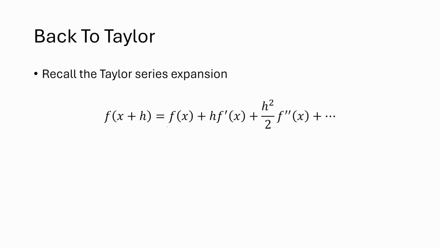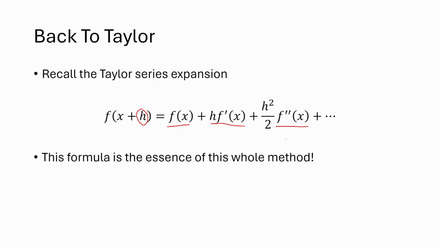Then what we do is we say, okay, here's the value of the function at my current location, and I'm going to estimate the new value some distance h away, and I'm going to do that with this sequence of terms. That'll take the current value plus something that depends on the derivative, plus something that depends on the second derivative, etc., etc. And you keep as many terms as you want based on your patience and your need for accuracy. This is what drives the forward Euler method.